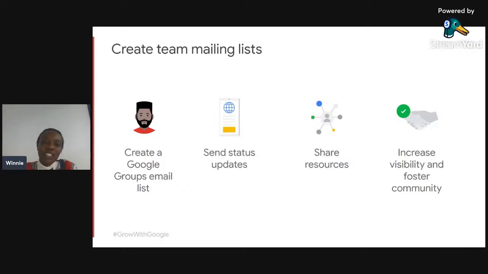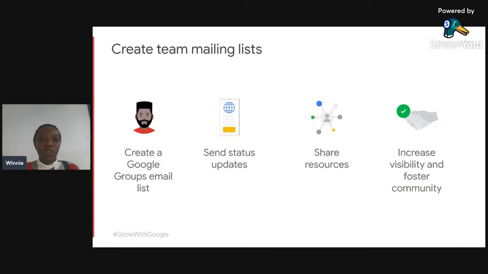Like I said, you can create aliases, let's say sales at Home Shop, and then we have info, and then we have probably inquiry or customer care at Home Shop dot co dot ke.